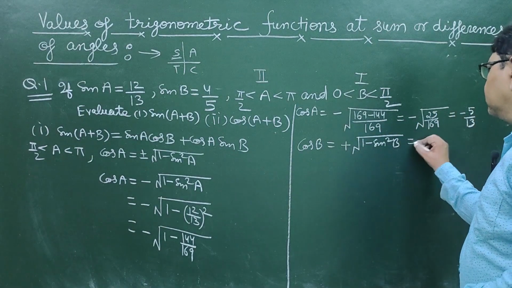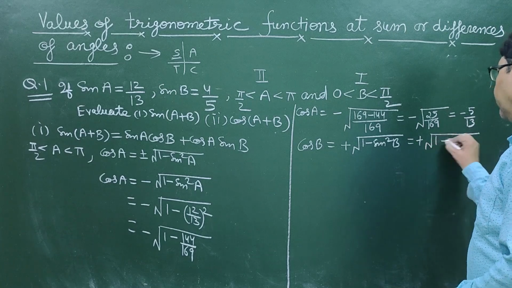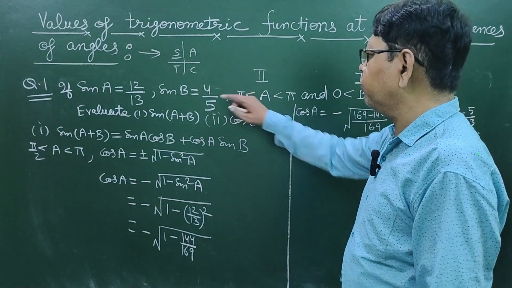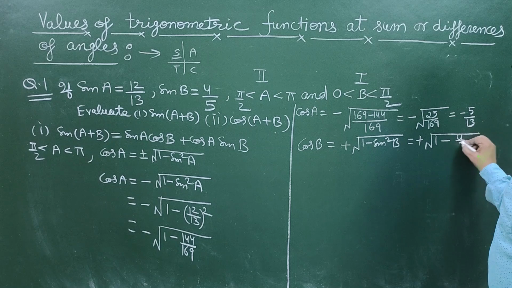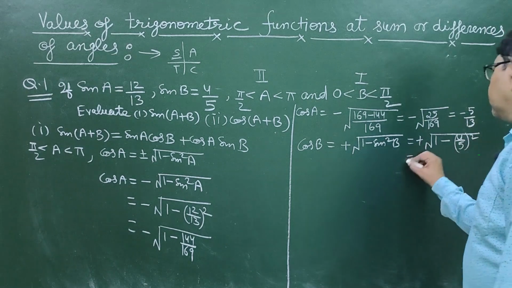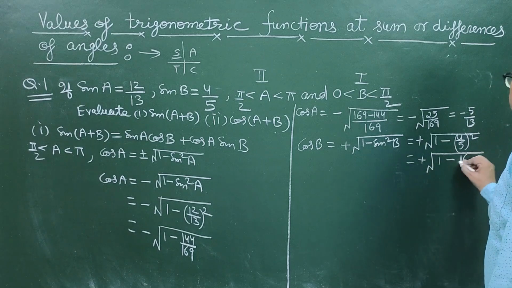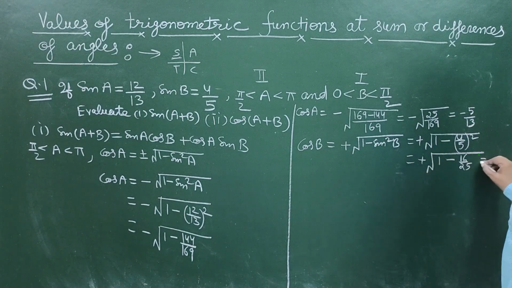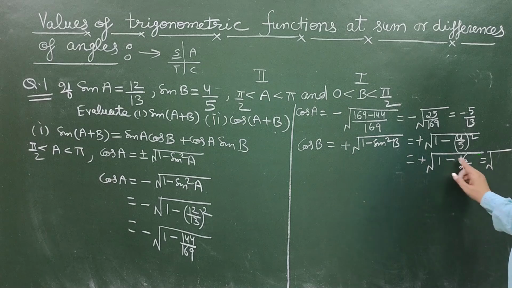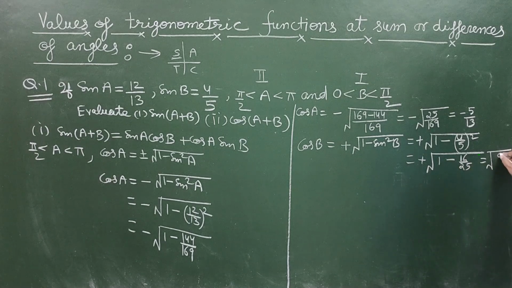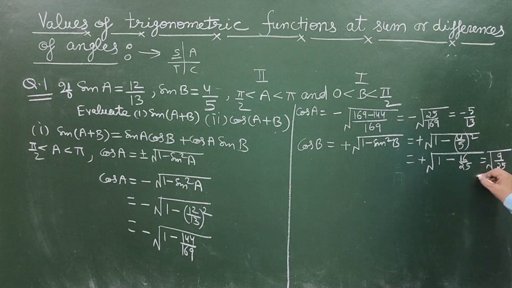So cos B is plus under root of 1 minus sine square B, where the sine B value is 4 upon 5. Under root of 1 minus 16 upon 25, which is equal to under root 9 upon 25 on taking the LCM, and that is equal to 3 upon 5. So we have got the values of cos A and cos B. Cos A is minus 5 upon 13 and cos B is equal to 3 upon 5.